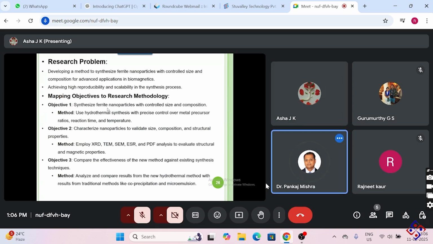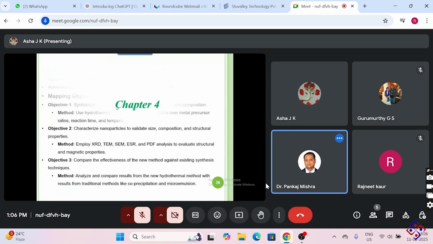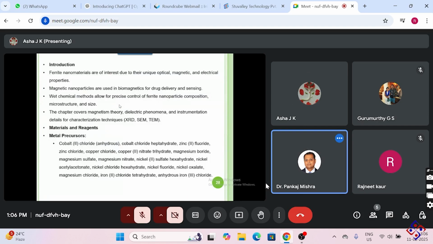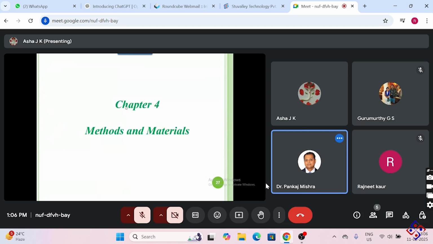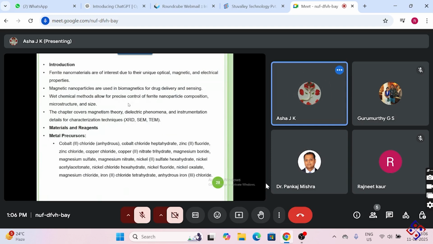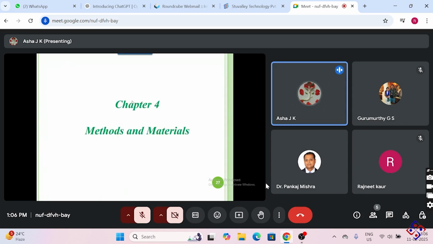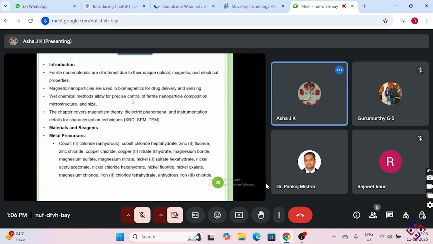Okay, move ahead. Here, methods and materials. Ferrite nanoparticles are of interest due to their unique optical, magnetic, and electrical properties.